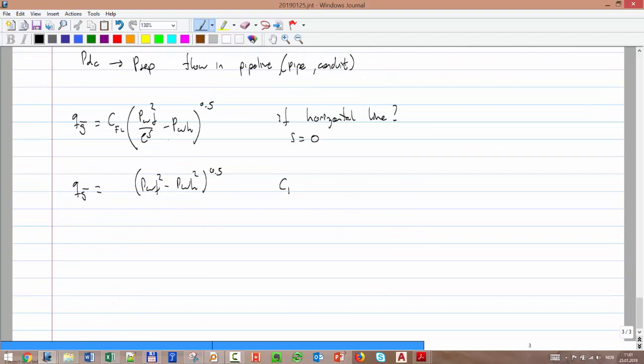So C flow line is a constant times S e to the S over e to the S minus 1. If I make S equal to 0, what will happen with that expression? I get an error, right? How do I fix this problem?